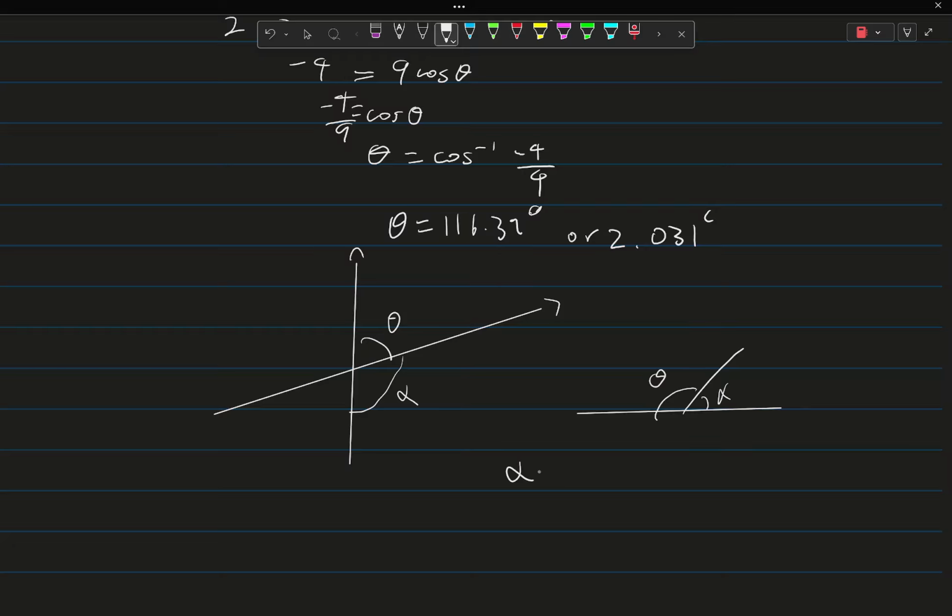So alpha equals 180 minus 116.39, or pi minus 2.031. Can someone do the calculation? It's around 63.61.